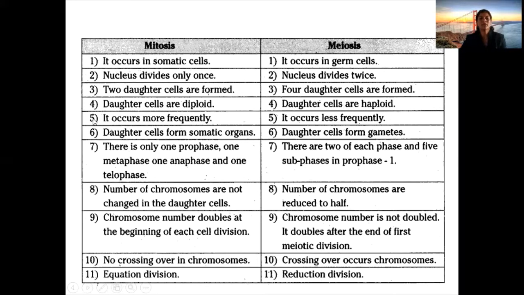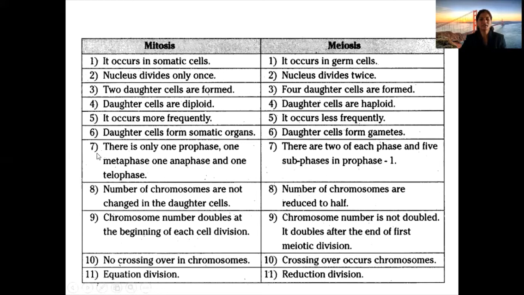Now, fifth point is it occurs more frequently in mitosis. It occurs less frequently in meiosis. Sixth point is daughter cells form somatic organs in mitosis, and in case of meiosis, daughter cells form gametes.